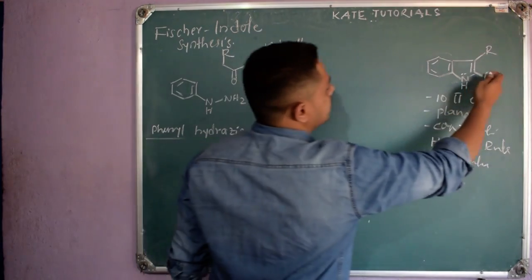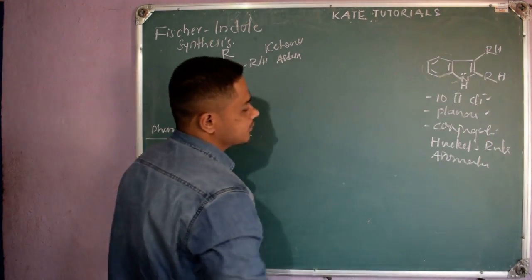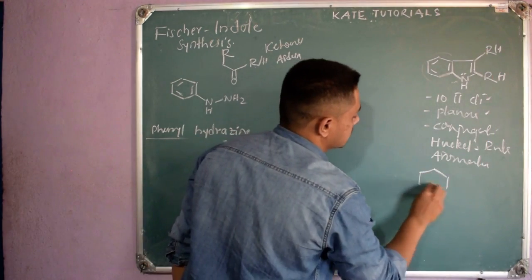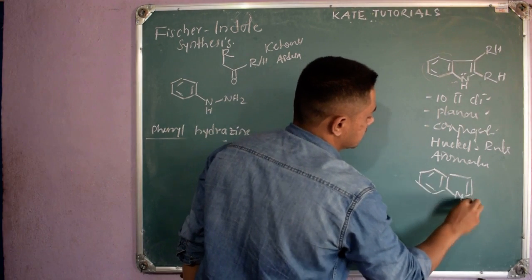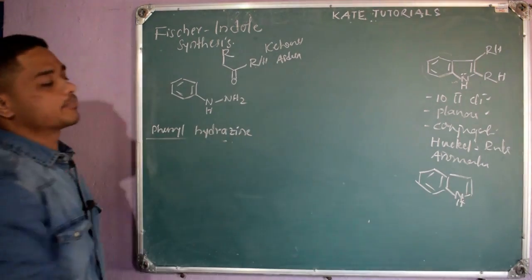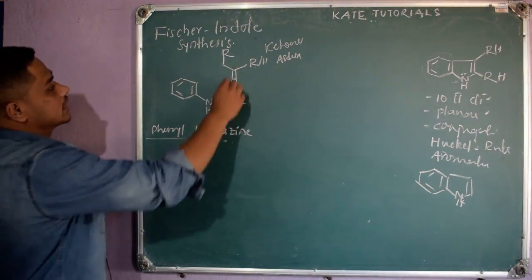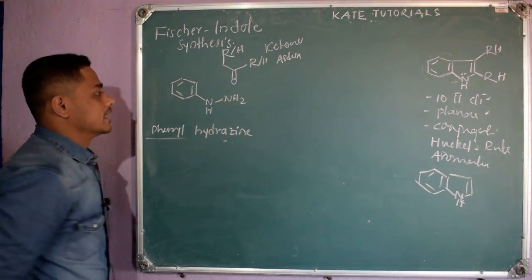If I replace both R by H, I will simply get the simple indole, that is this one. It is a 5 membered ring attached to the aromatic ring, and here one hydrogen will be there, right? Instead of taking R, if I take H here, I can take ketone or aldehyde, right?